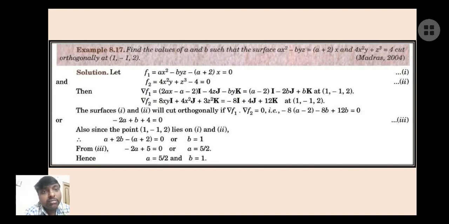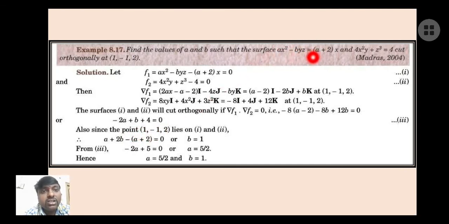For solving a and b, I require one more condition here. So I have one possibility: the point (1, minus 1, 2) must be on the surface ax square minus byz is equal to a plus 2 into x. So that's why you replace this particular point into the surface. That point satisfies this particular surface.